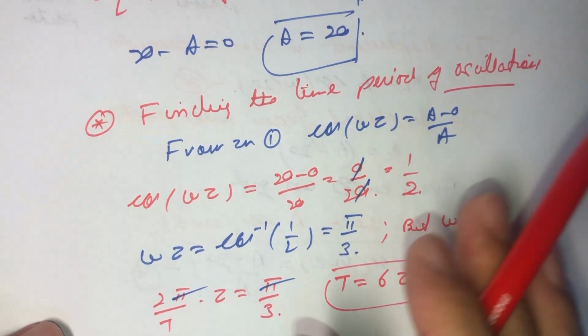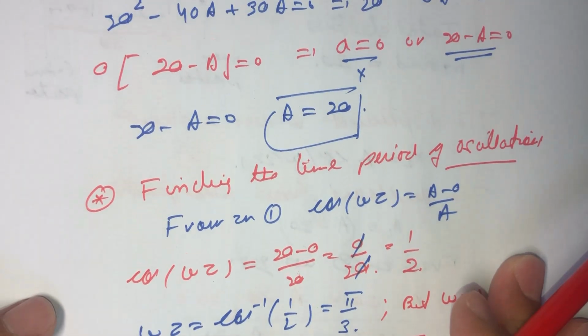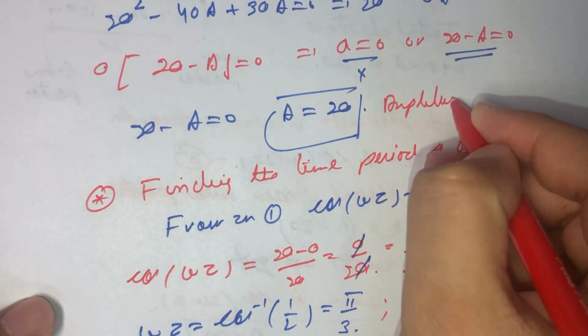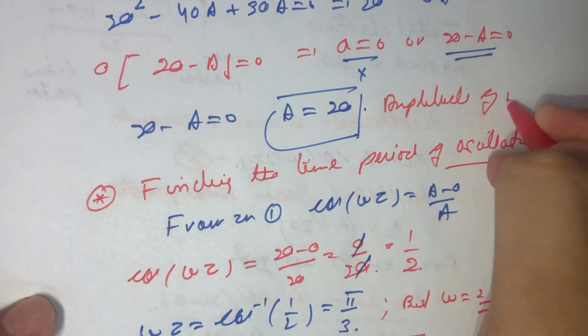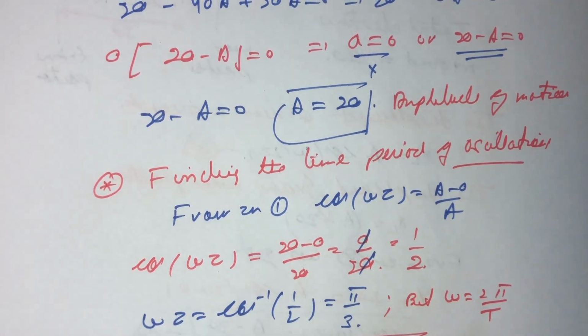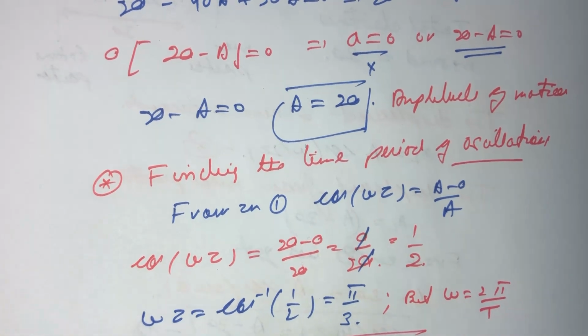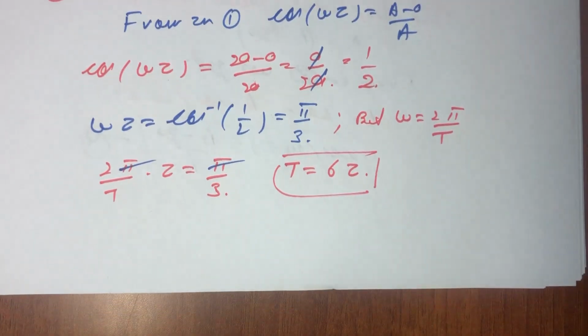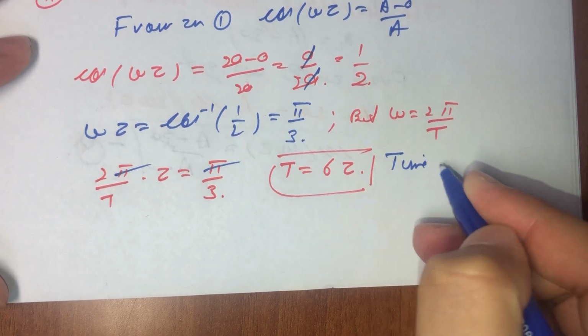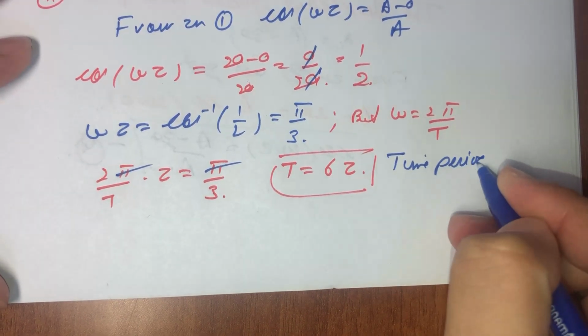So we found out that this is our amplitude of motion, and this is our time period of oscillation.